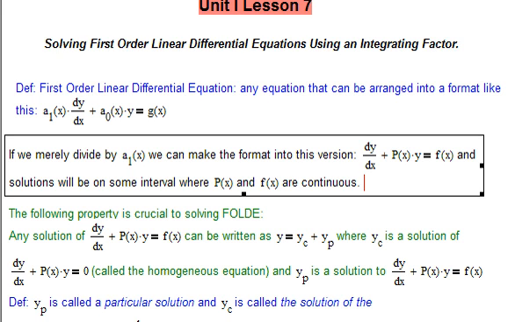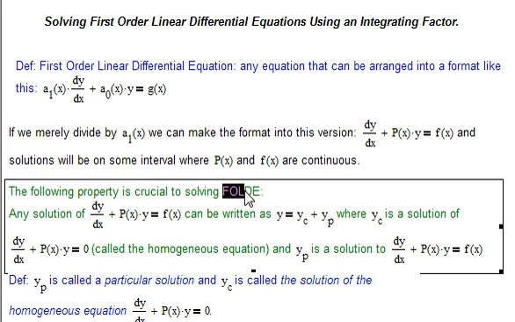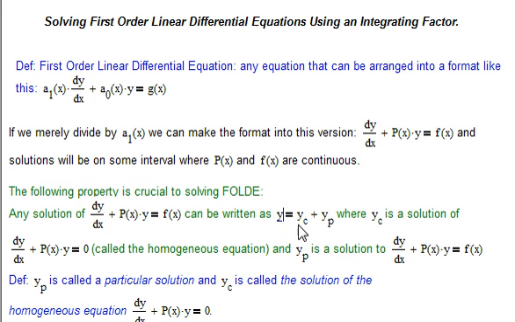So, the following property is crucial to first-order linear differential equations. Any solution of dy/dx plus p(x) times y equals f(x) can be written as y equals yc, sometimes called y complement, sometimes called the complementary solution, sometimes just called yc.